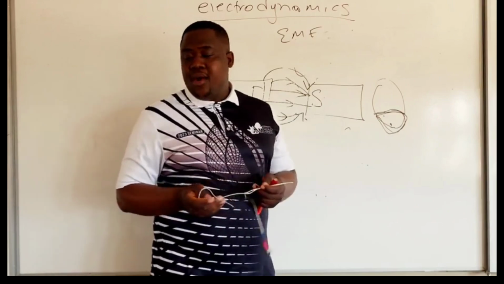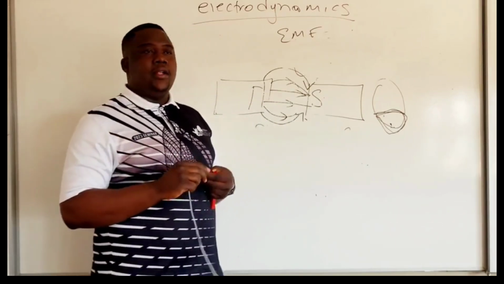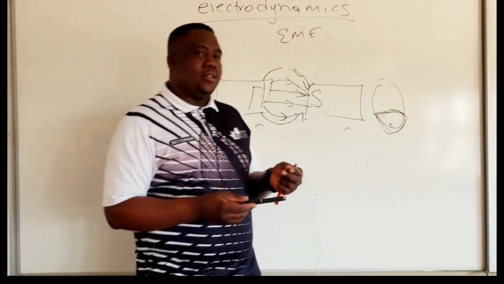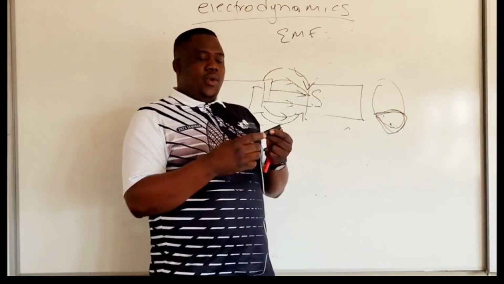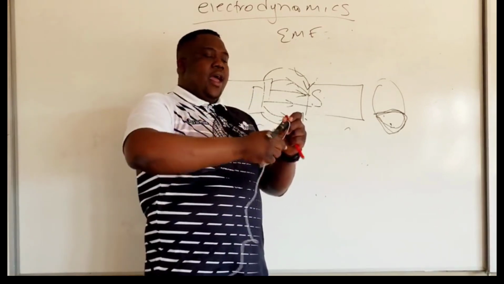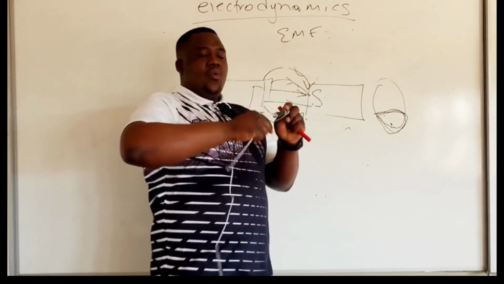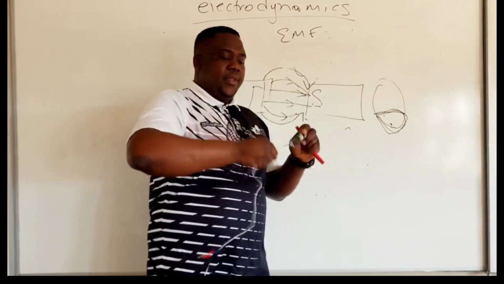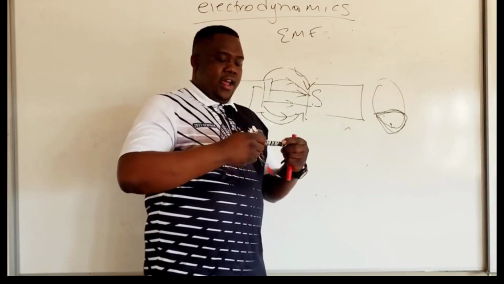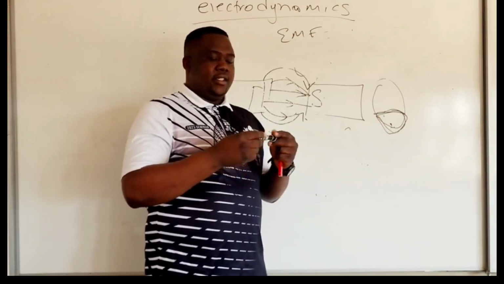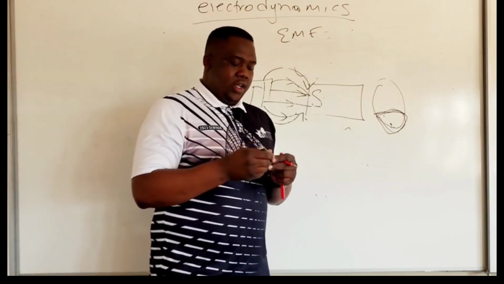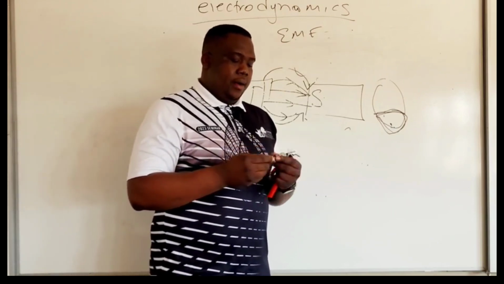So usually we make a coil. The question now is, what is a coil? A coil is when we take an electric conducting wire and we turn it, we form a shape that is like this. You can see that I've turned this electric conducting wire along this pen.